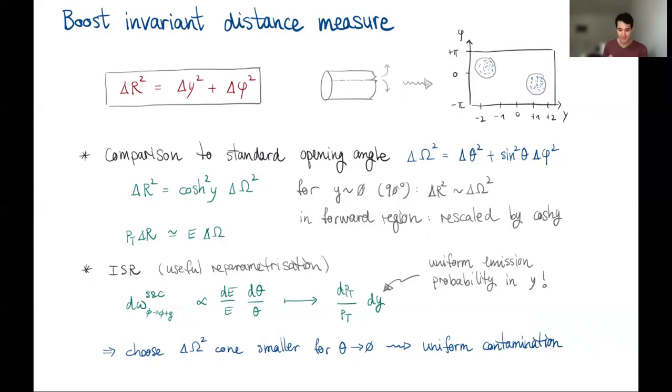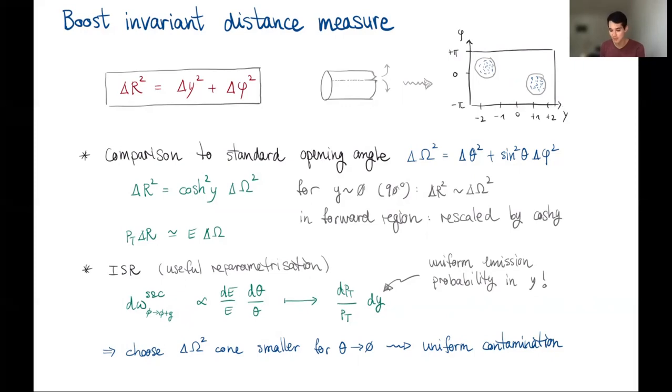Now, one question you might ask is how this delta R actually compares to the standard opening angle that we all know, like delta omega, which is related to theta, the scattering angle. And you can show that delta R squared is essentially just given as cosh squared rapidity times delta omega squared. So in the central rapidity region, around rapidity equals 0, both of them are roughly equal.